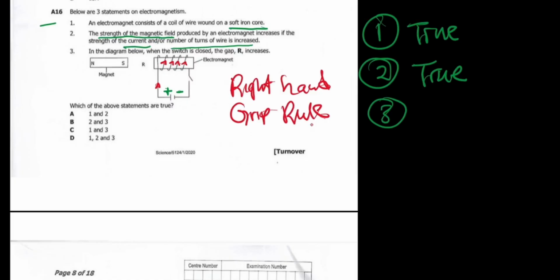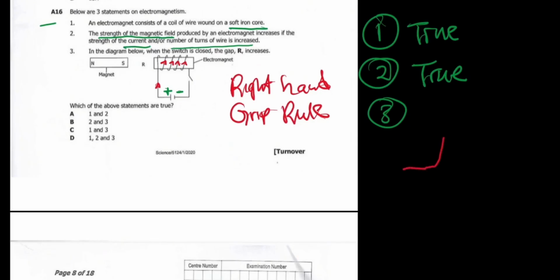What it states is that you can use your fingers of your right hand in the same direction of the current, and then the thumb is going to be stretched. The direction it is going to point is the direction of the magnetic field, which is going to be a north pole.